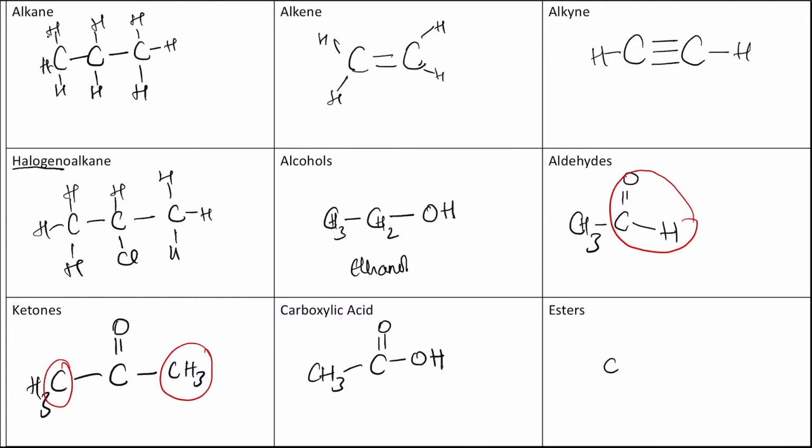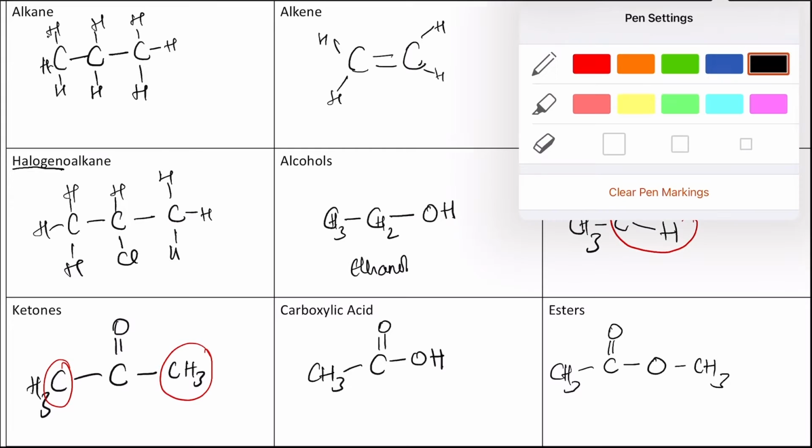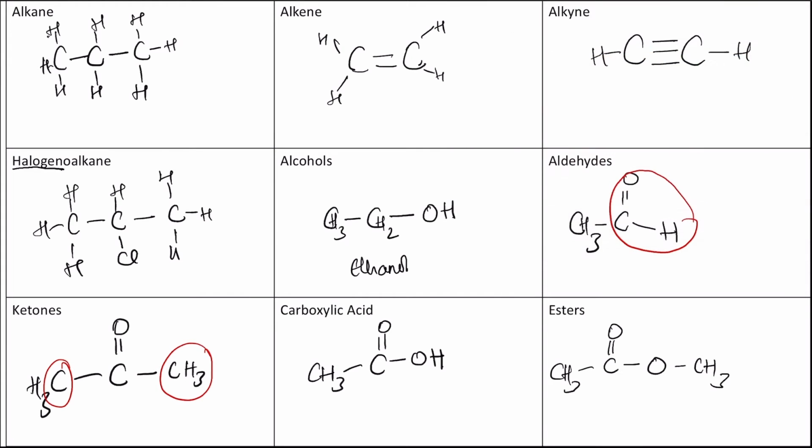While you would also see COO with something else, which is called an ester. And so you could have an ester like this, and you could have something like this. Well, another thing I want to add is, it's not necessary that you will always see carbons drawn out. You could also see something like this. So what does R mean?